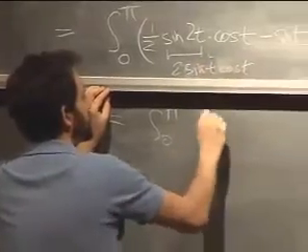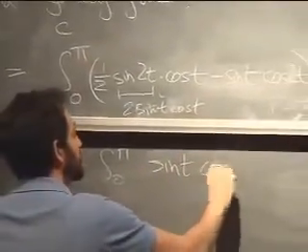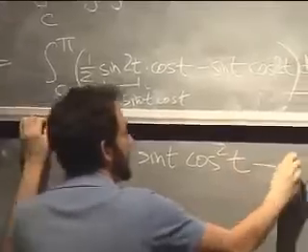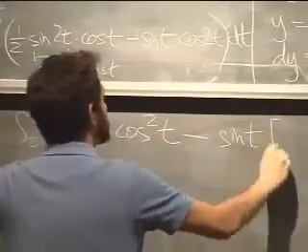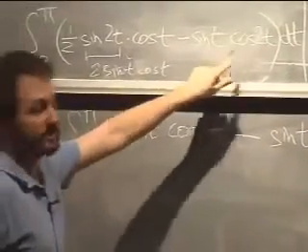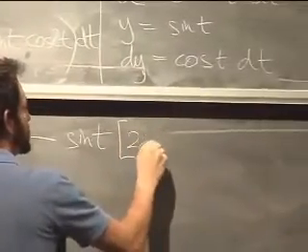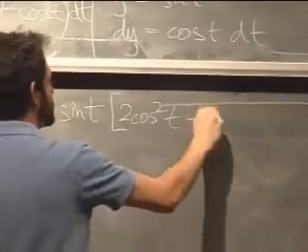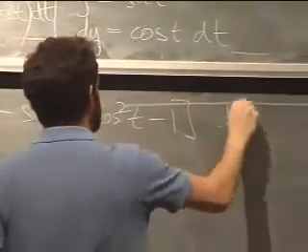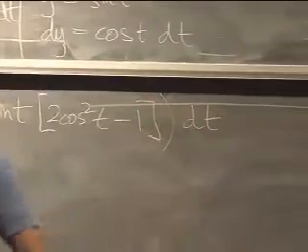So I believe you get sine t cosine squared t from that, minus sine t, and then you have to do a silly thing again with cosine 2t. You want to write that as 2 cosine squared t minus 1, all that dt. So you have to do a bit of work.